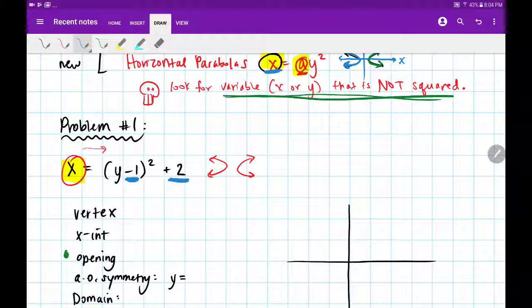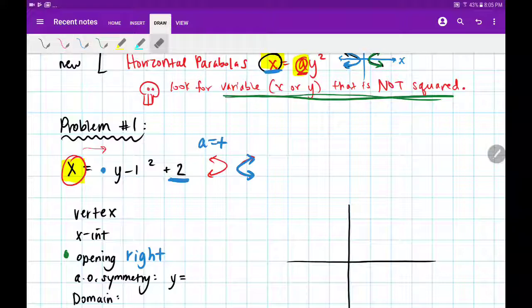Ignore this number. That's not the number either. We're interested in what's being multiplied, and right now that's an invisible 1. It's a positive 1. And since a equals 1, which is greater than 0, so it's positive, I'm going to be opening up in the positive x direction. This parabola's going to open to the right.